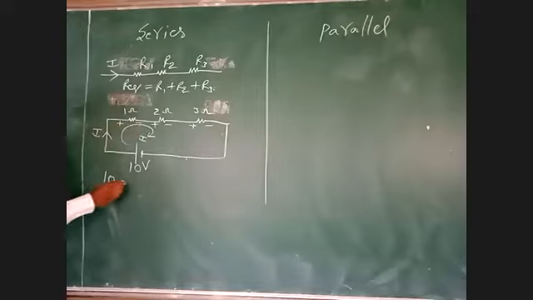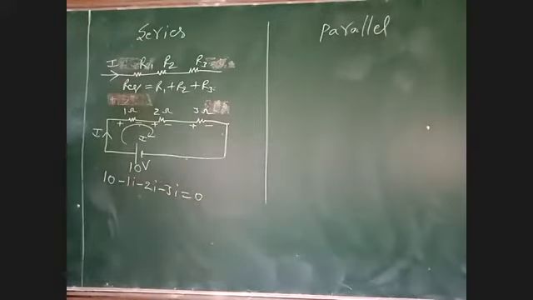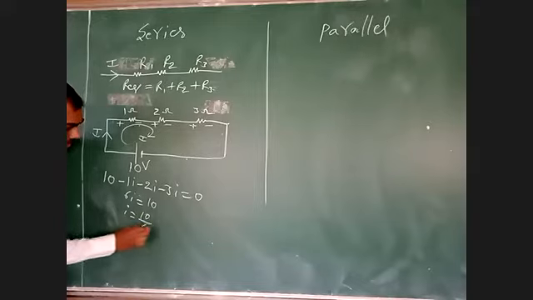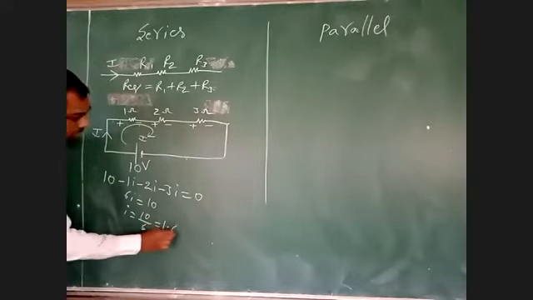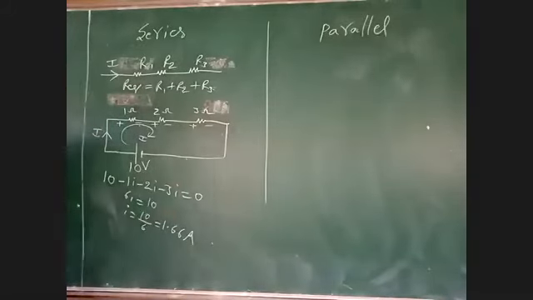Plus to minus, minus 1 into I, minus 2 into I, minus 3 into I. The algebraic sum of voltage drops in a loop is equal to 0. So 6I is equal to 10. I is equal to 10 by 6, that is equal to 1.66 ampere. This is the current.